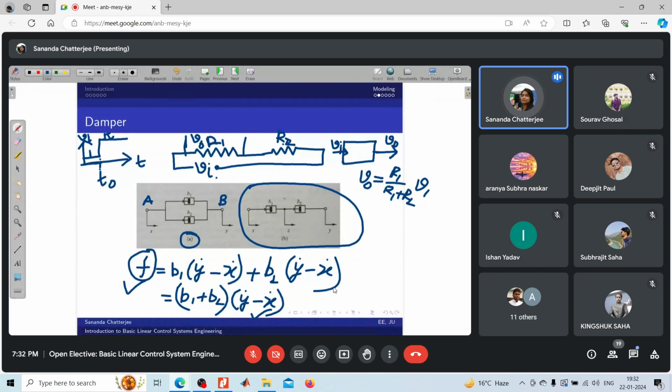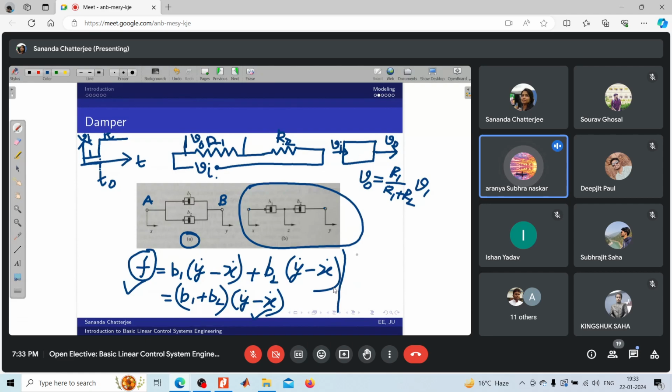What will be the equivalent resistance in this case? What will be the equivalent resistance from this point to this? I took this example because I thought there are mechanical students; if I showed resistors, that would be a problem. Yes, ma'am. In the series case, the two displacements will be correlated to each other.